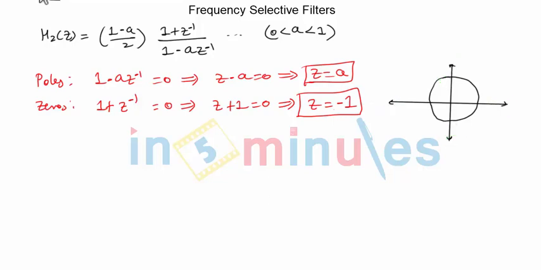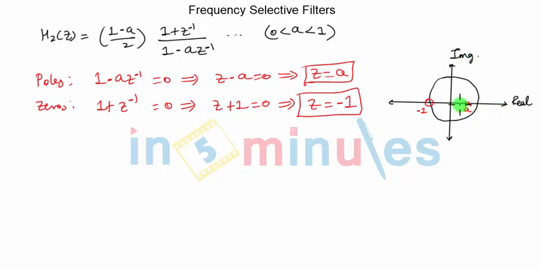Omega equal to 0 and omega equal to pi should be sufficient in this case. If I take omega equal to 0, then H2(0) becomes (1 minus a) by 2, which is a constant, times (1 plus e raised to 0, which is 1) divided by (1 minus a), because e raised to 0 is 1 again. 1 plus 1 is 2, which will cancel out with this 2, 1 minus a will also cancel out, so the answer becomes 1.